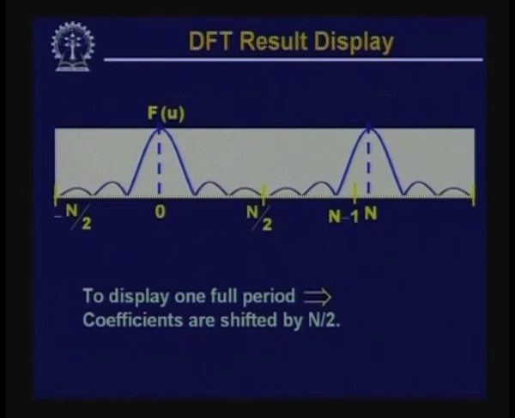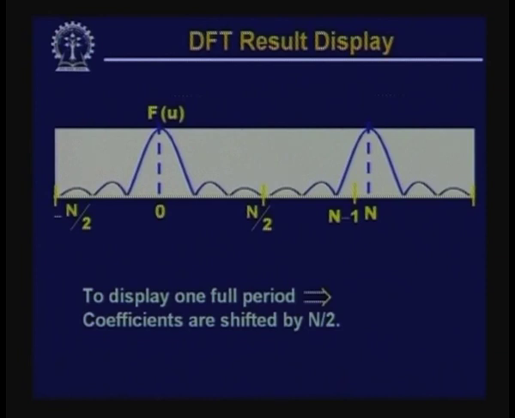And because of this conjugate property, in this range 0 to capital N minus 1, what we get is 2 back to back half periods. This is one half period, this is one half period, and they are placed back to back.